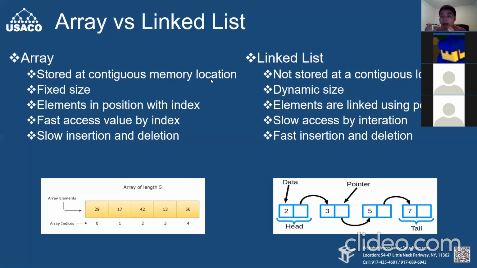We have a CPU, and the CPU reads data from the memory storage. The memory storage is just like a storage box, and each box represents a position in the memory.